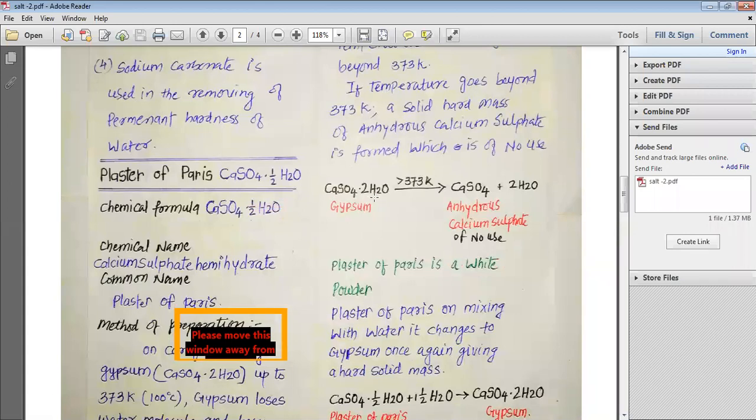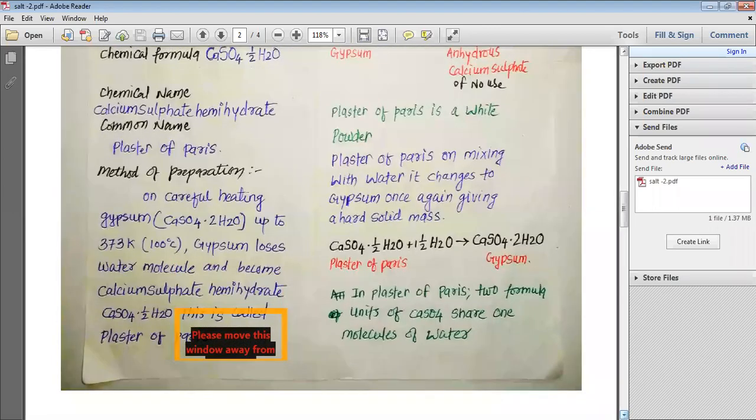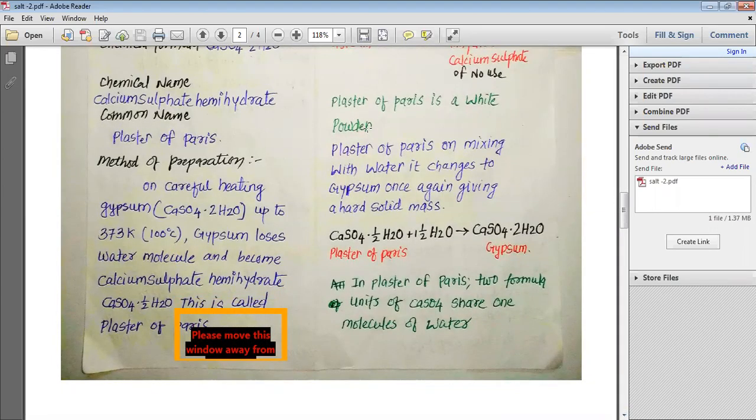Gypsum, calcium sulfate CaSO4 into 2H2O, if heated to a temperature more than 373 Kelvin, forms CaSO4, anhydrous calcium sulfate, and 2H2O. This anhydrous calcium sulfate is of no use to us, and that is why we carefully heat this gypsum so that we get plaster of Paris. Plaster of Paris is a white powder.